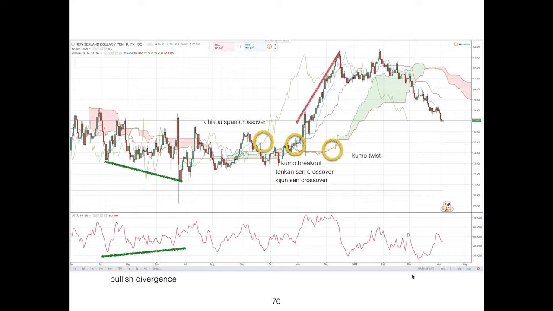So there was an uptrend. However, there was also a bearish divergence as that uptrend happened. As it trended, it made multiple bearish divergences. So we see two bearish divergences here.